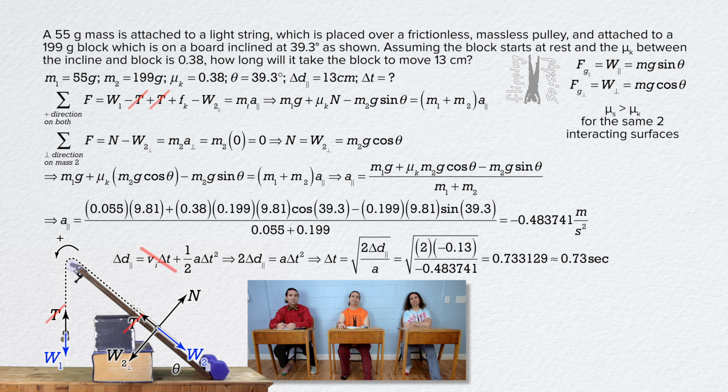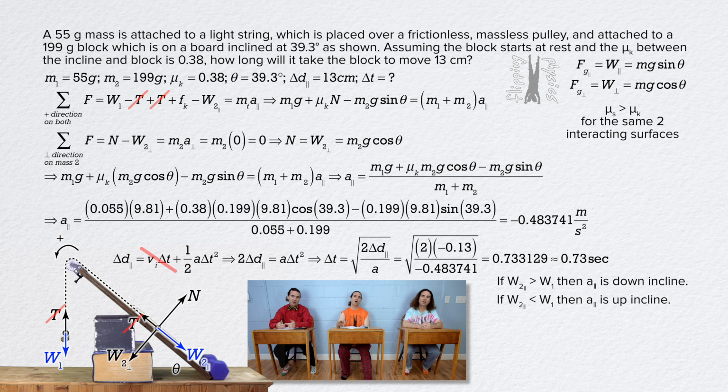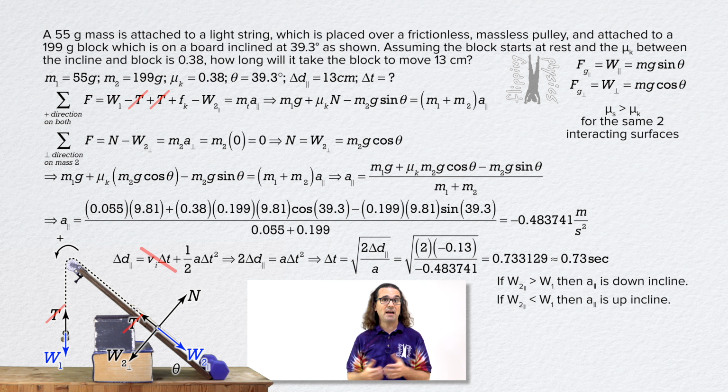So if weight 2 in the parallel direction has a larger magnitude than weight 1, it will accelerate down the incline. If it has a smaller magnitude than weight 1, it will accelerate up the incline. So we could have done that instead of guessing which way the system was going to accelerate? That would be an equally valid way to solve the problem, Bo.